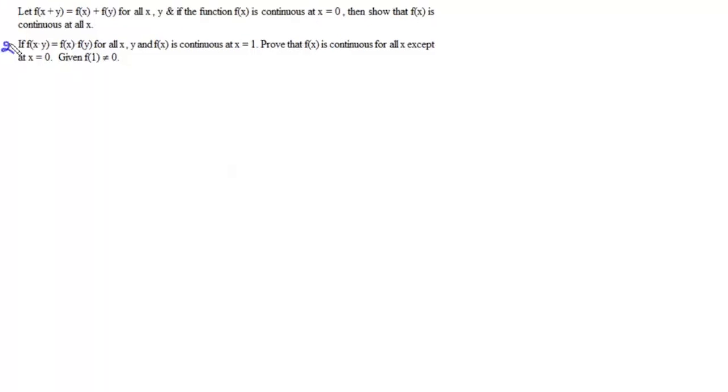Now we'll solve this second question, which is if f(x·y) is f(x) into f(y) for all x, y and f(x) is continuous at 1, then prove that f(x) is continuous for all x except x equals 0, and we are given that f(1) is unequal to 0.